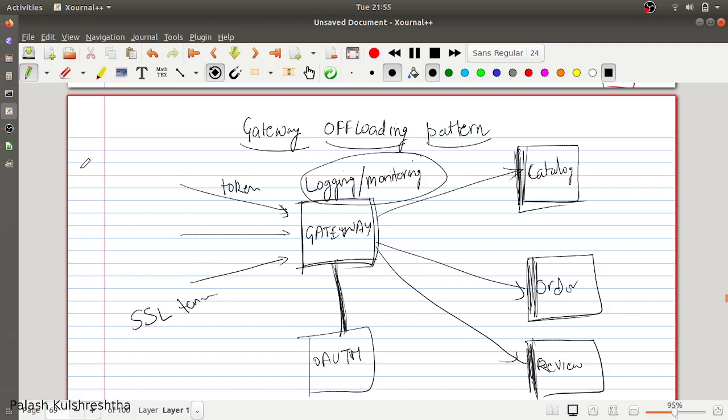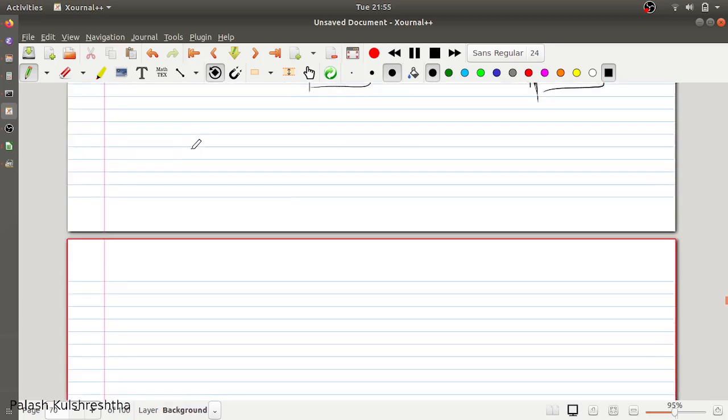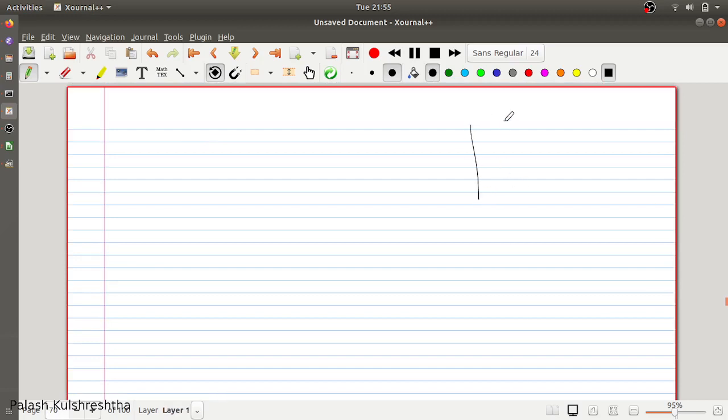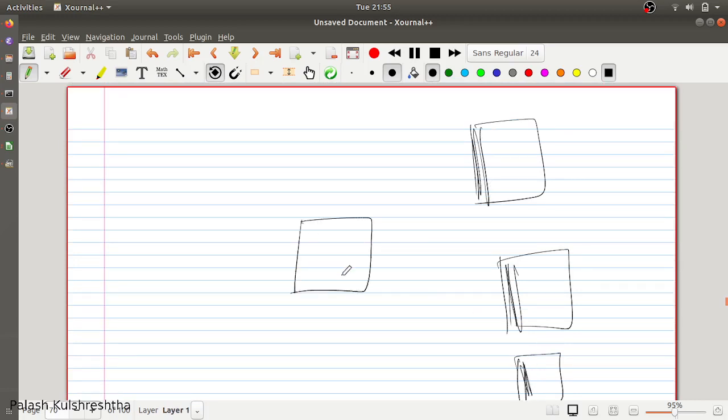So for example, if you have an HTTPS website, it is going to require SSL certificate. So rather than managing SSL certificates in all of these services, you can have SSL management in gateway service only, and central teams which are managing either the certificates or authentication can handle the gateway, so that any changes with respect to common functionalities can be done at a single place.